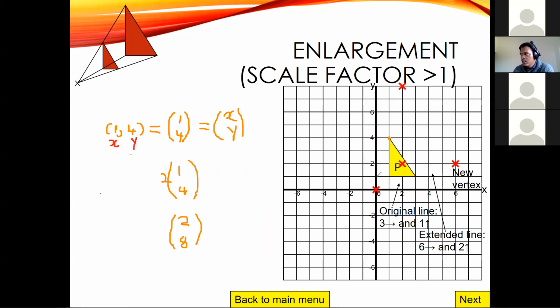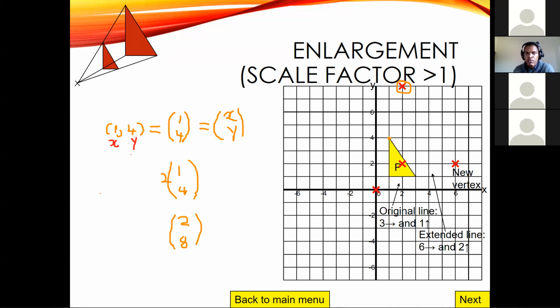So if you look at the new point, X is 2 and Y is 8, this is the point over there. That is the new point for this shape P if we enlarge it by a scale factor of 2. I hope I've explained how we would do it, showing all our working and calculating. What we are doing here is called vector scalar multiplication.